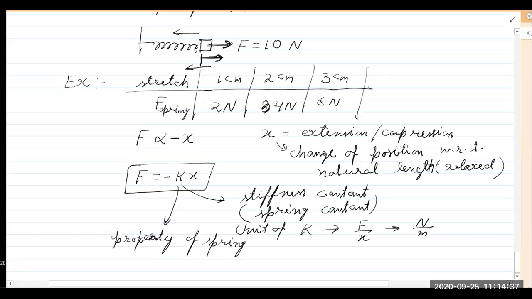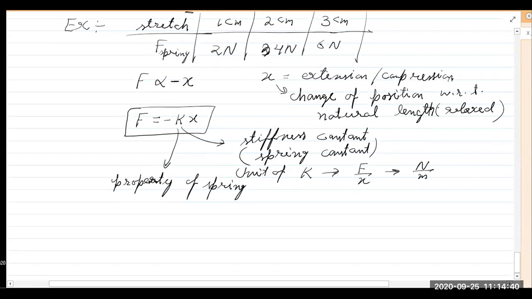And how much is the K for different springs? Suppose you compare two different springs. One is the spring of a pen refill, and another is the spring of a shock absorber of a bike. The refill spring is very weak and the bike spring is very strong.